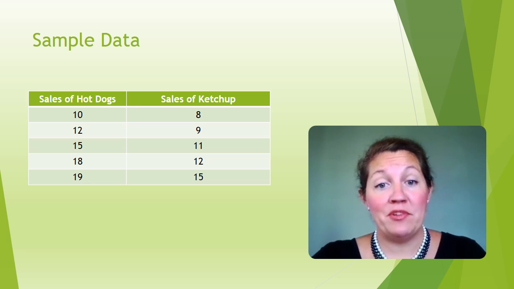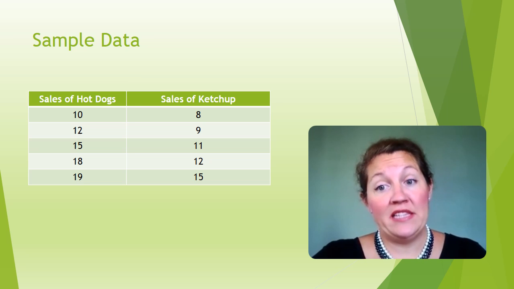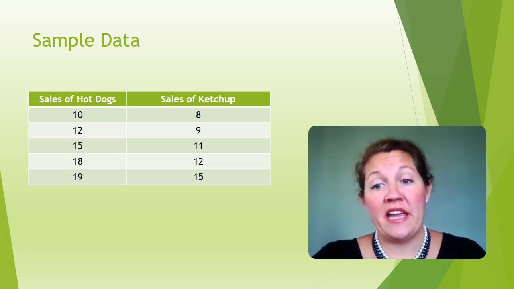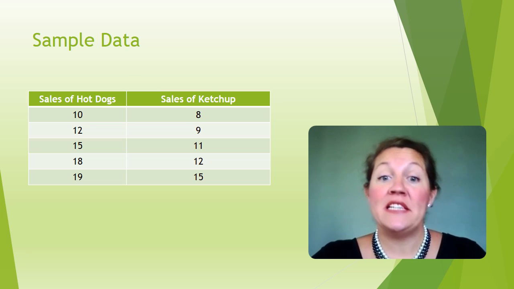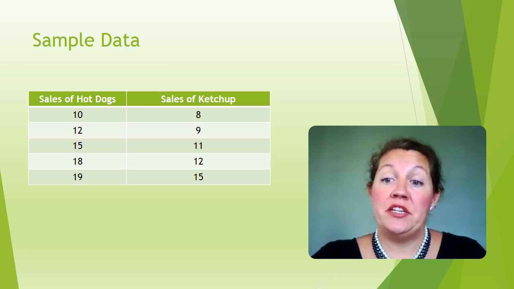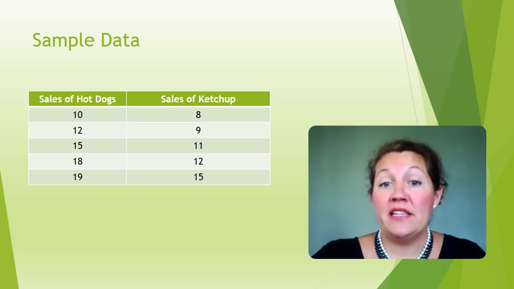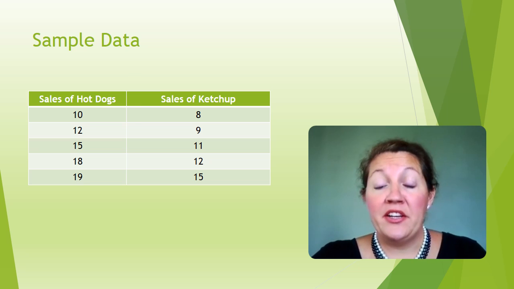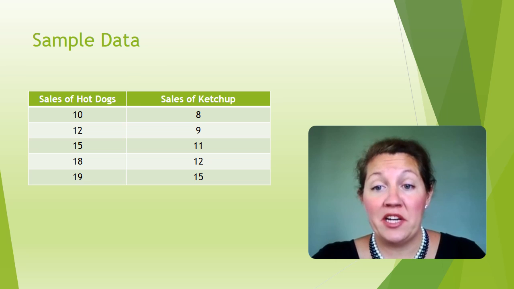Here we have a sample data set. We're given the sales of hot dogs and also the sales of ketchup. So let's just say a local grocery store wanted to see how much ketchup it should purchase in order to meet its demands for ketchup. They notice that when a person buys hot dogs, they often buy ketchup.